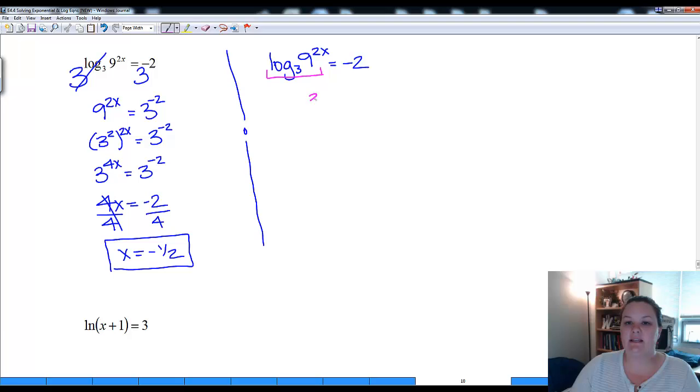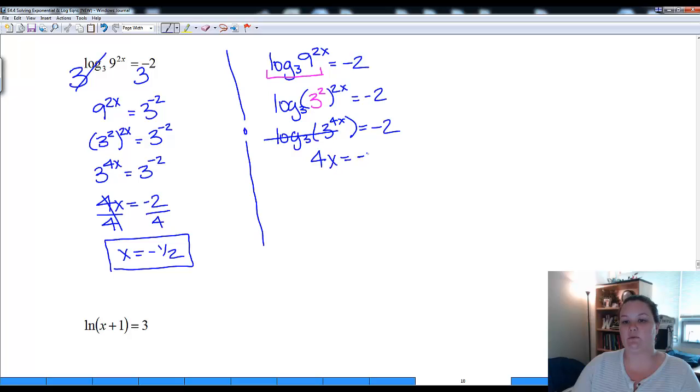So if I write this 9 as 3 squared raised to the 2x, and I write that as base 3 first, then I'll be able to cancel my log. I can write this as log base 3 of 3 to the 4x, and then my log base 3 and 3 will cancel, which leaves me with 4x equals negative 2.